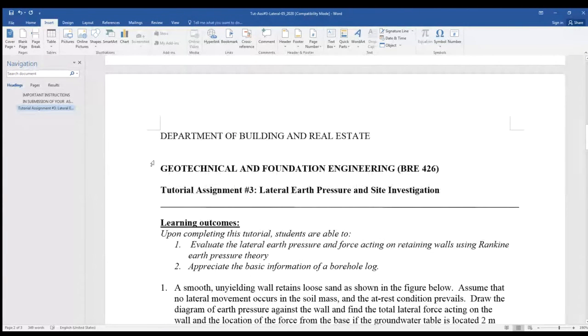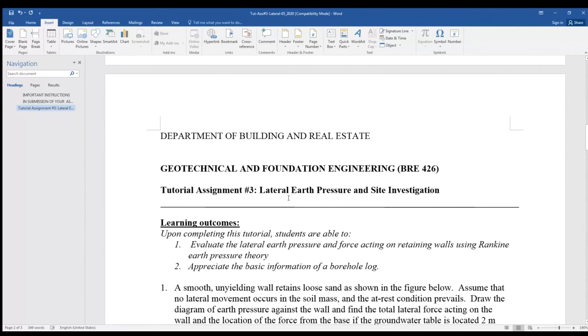Now you need to return your assignment 3 in the next week, right? So you have exactly 7 days to complete your tutorial assignment. There will be no solution provided, right? Because you have to hand in your work, assignment 3.